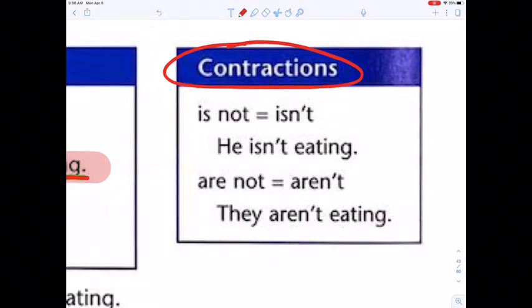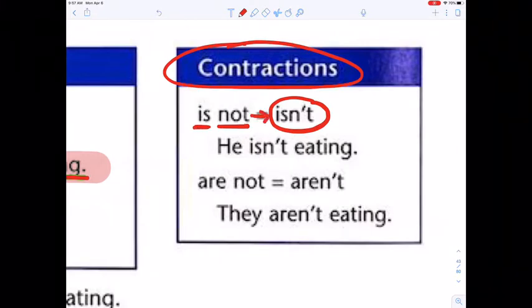Okay, the next part I'd like to talk about is contractions. If you remember, we talked a lot about contractions in class before we went home. Contraction is when you have two words and you put them together into one word. So we have is not.